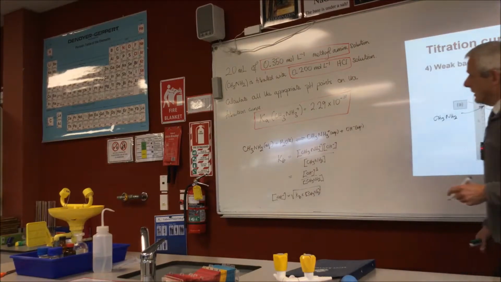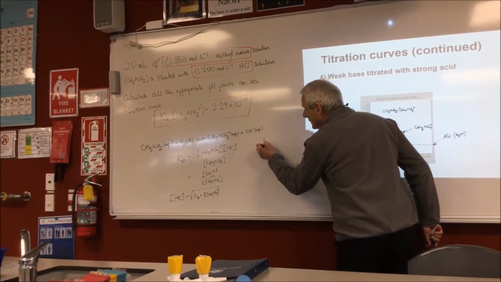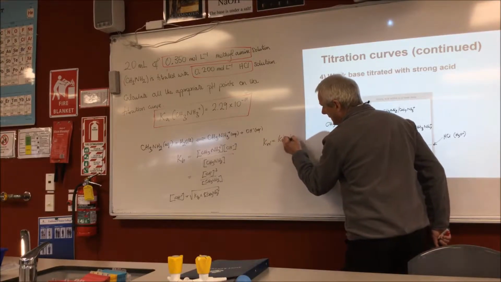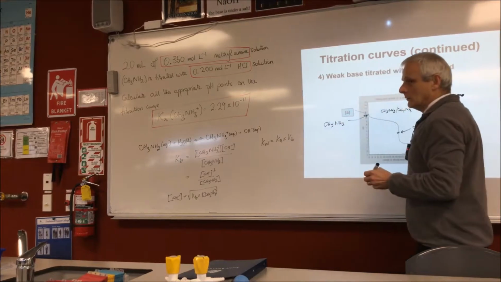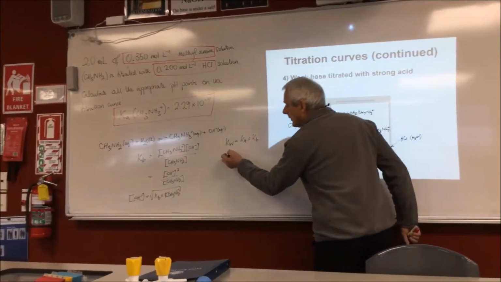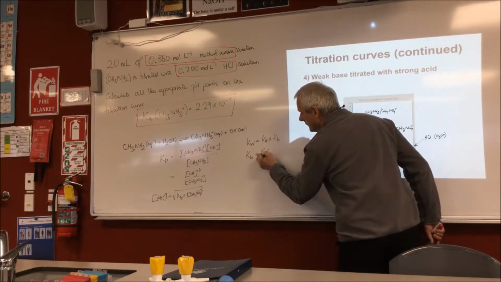We haven't got Kb, but we can get it from Ka. So Kw equals Ka times Kb. Remember that. So we need to rearrange this to make Kb our subject. That's Kw over Ka.